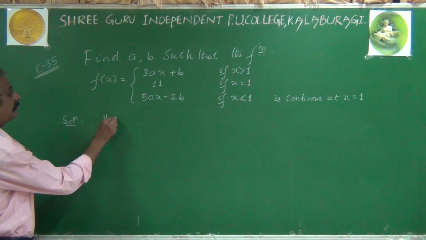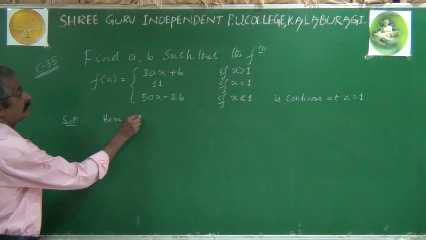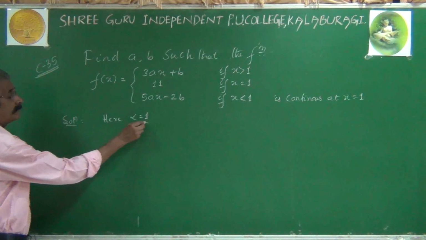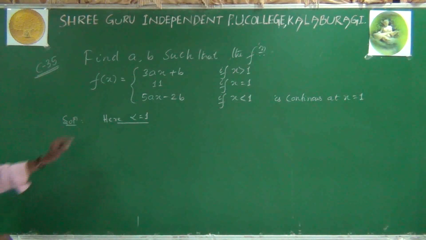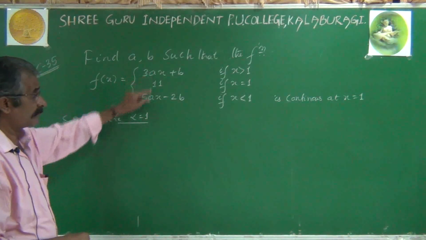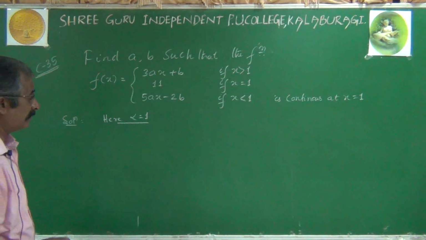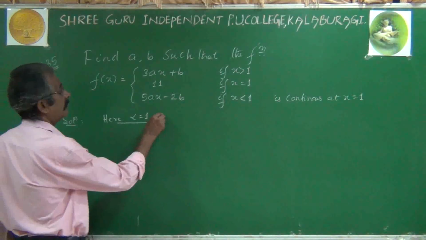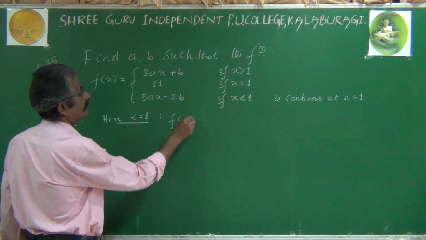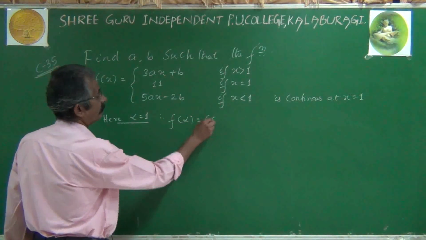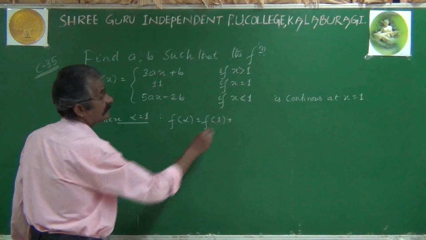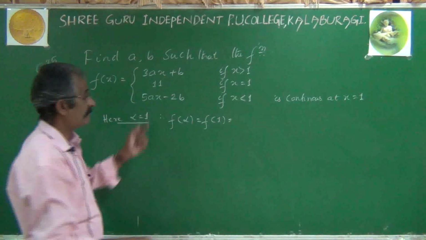Here alpha equals 1. Notice that I am not taking a because a is already in the function. That's why take it as alpha. Therefore, f of alpha means f of 1. f of 1 is given as 11.